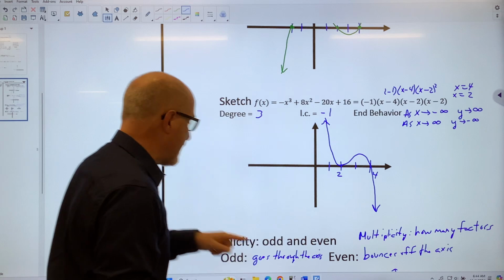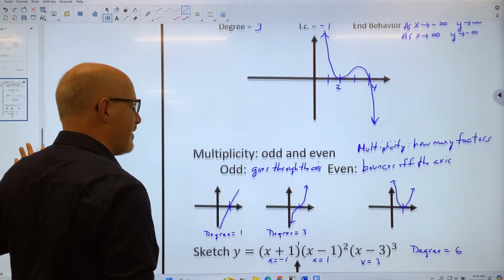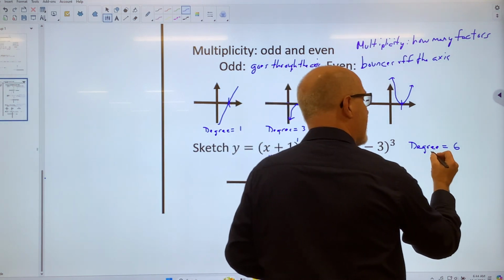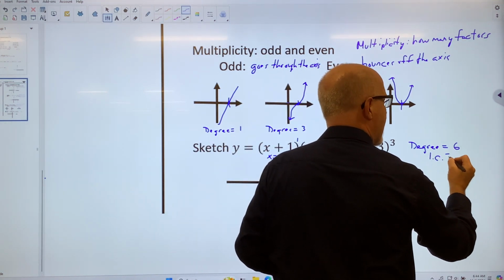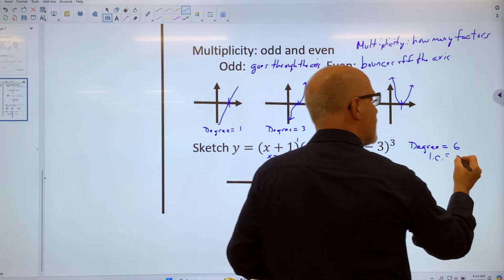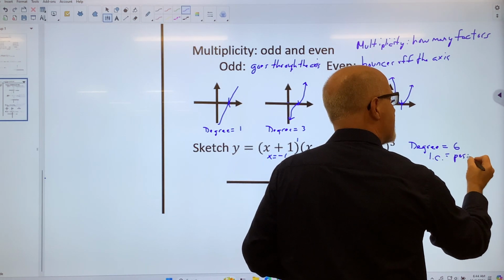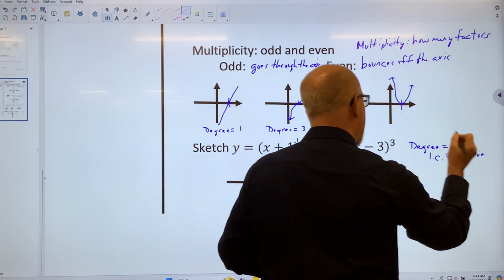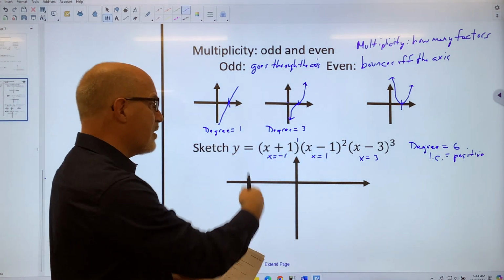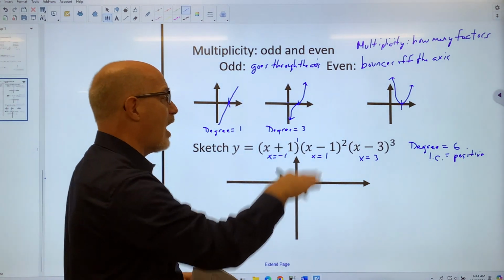On this one, because I don't have a negative there, my leading coefficient would be positive. I don't know what it is. Actually, I could figure that out. It's going to be equal to 1, a positive 1. But for now, all you have to know is that the leading coefficient is positive from looking at the factorization of it. There's no negatives in it.